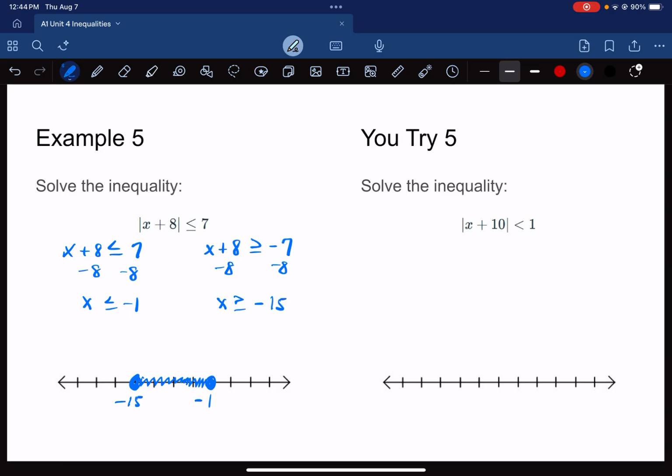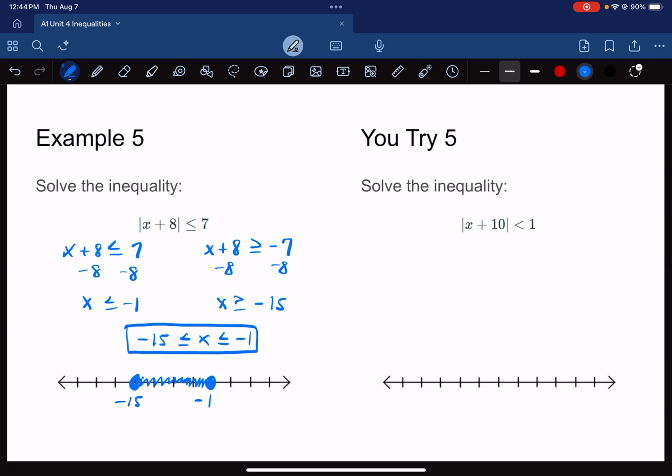So I'm going to put my smaller value on the left, the appropriate symbols between them, and the negative 1 on the right, and there's my resulting inequality. Any numbers between negative 15 and negative 1, when added to 8, are going to give us something whose distance is less than or equal to 7 units away from 0. Okay?